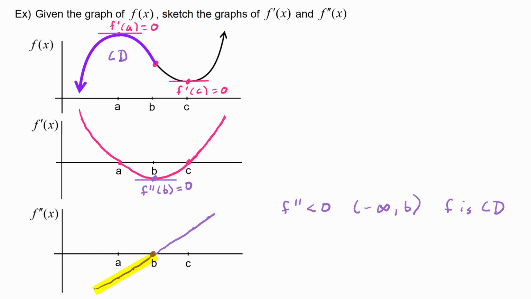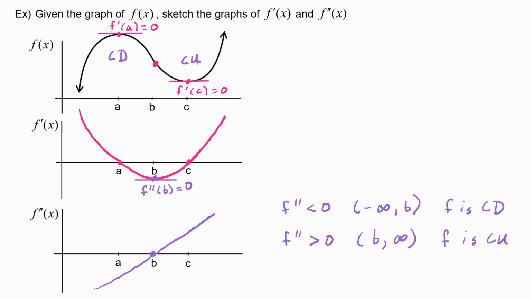So that makes sense. Back here to the graph of f double prime, we see from b on out, f double prime is positive, starting at b and going to infinity, which means f should be concave up whenever the second derivative is positive. And looking at the graph of f here, we see that it is concave up.